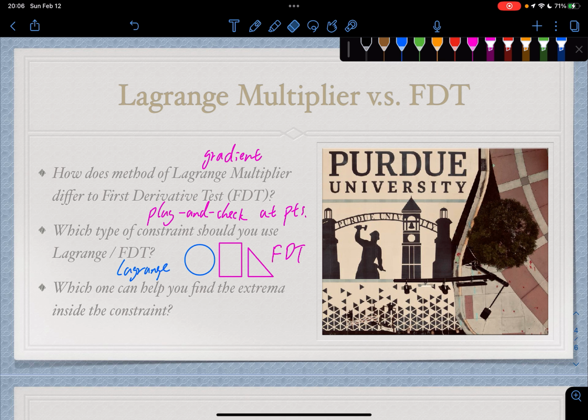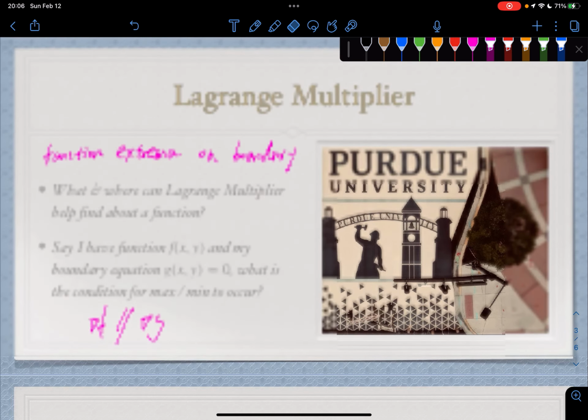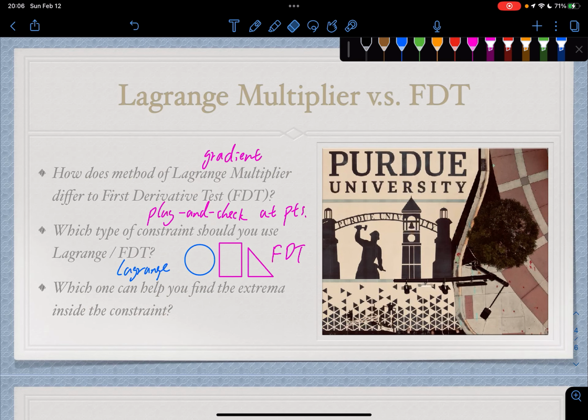So which one can help you find extrema inside the constraint? We have talked about, from the previous slide right here, that Lagrange multiplier can only help you find extrema on the boundary. It has no capability for you to find extrema inside the constraint.